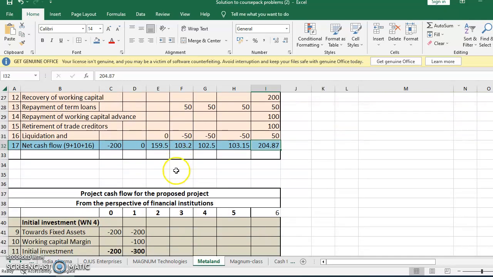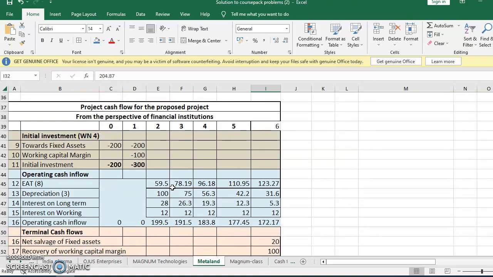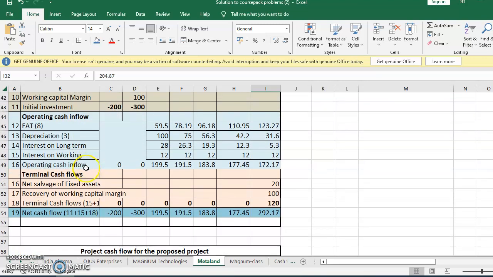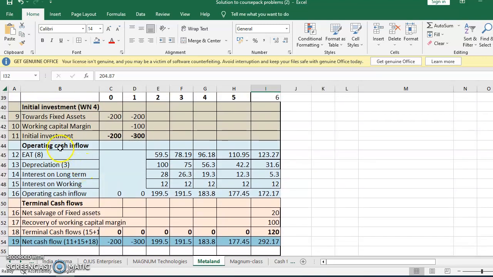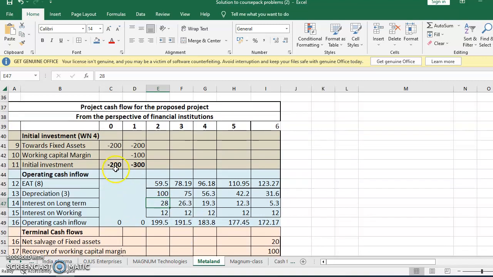Okay, let's move to the point of view of financial institutions. Everything is the same. So let's go back to the operating cash flow here. Earnings after taxation, we need to add back the depreciation, which we have calculated, and I've told you how. Interest on term loan is also taken into consideration here, because the meaning of operating cash flow is from the point of view of long-term funds.